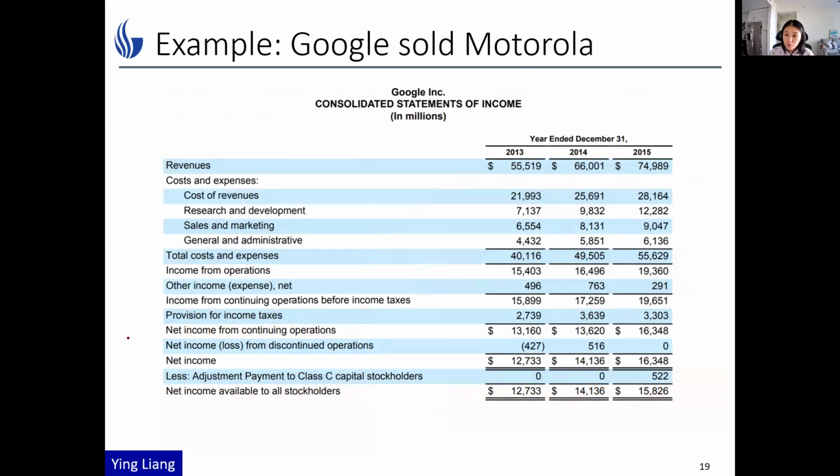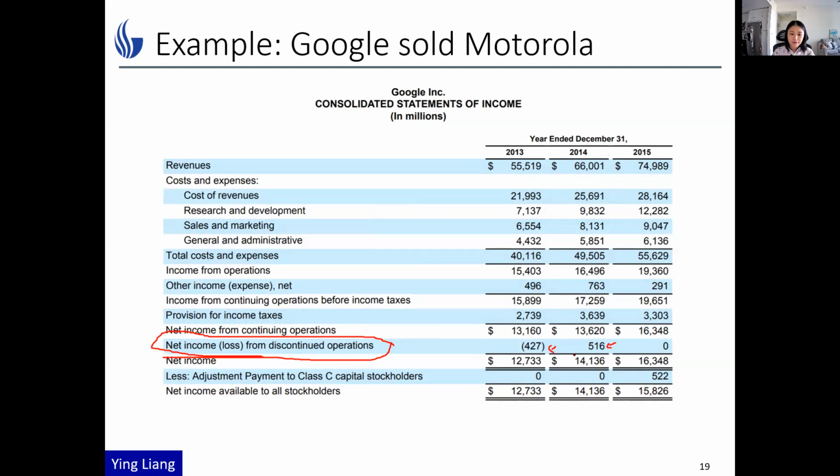Again, when Google sold Motorola, those transactions are not going to happen again in the future. Or if they do happen, we sold Motorola Home, and then the next year we sold Motorola Mobile, but it affects our earnings by a different amount. The first one is negative, the second one is positive.